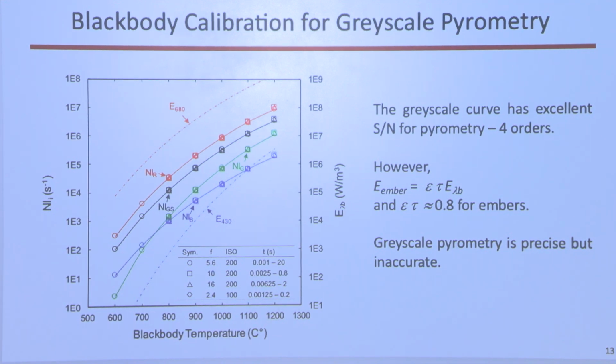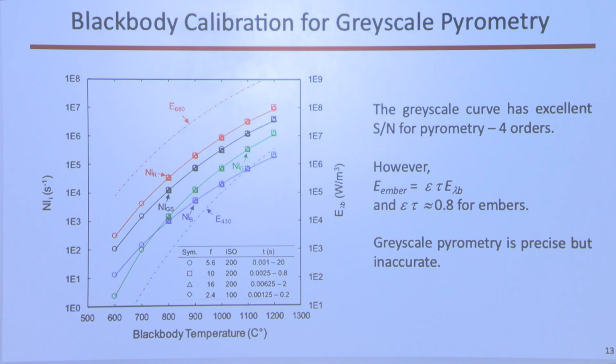Even a thermocouple measurement, the thermocouple voltage output between a cold thermocouple and a hot thermocouple is probably a factor of 2. But here we get 4 orders of magnitude. So what this means is that if we use the camera and look directly just at the red or the green or the blue, we have excellent precision, excellent variation with these 2 to the 14th grayscale levels at each pixel.